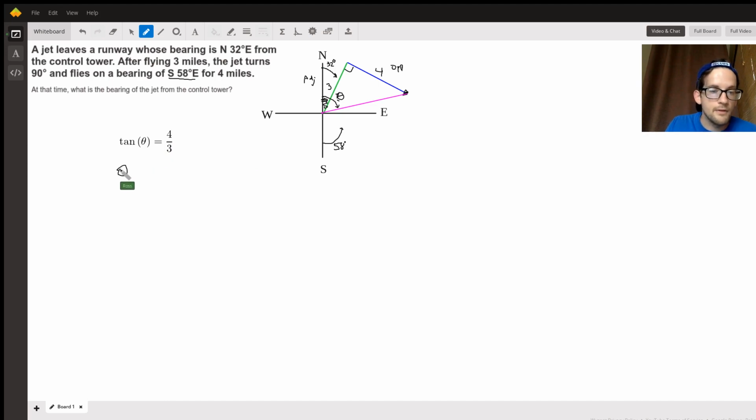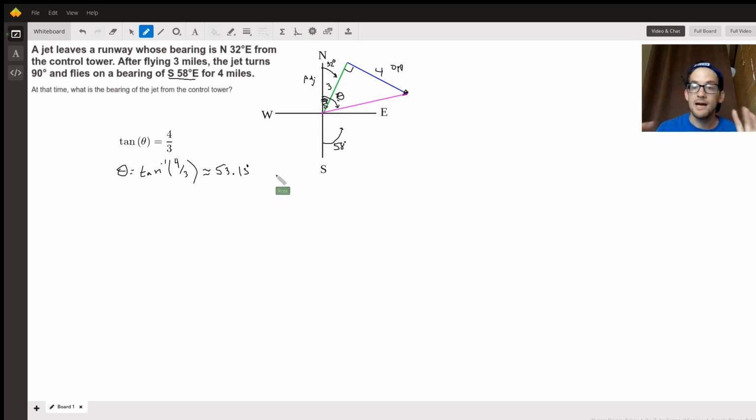So theta equals the inverse tangent of 4/3, which when you put that into your calculator or another software, turns out to be about 53.13 degrees. If that's not what you get, make sure your calculator software is in degrees mode. Make sure you're using tangent inverse with a little -1, not regular tangent.